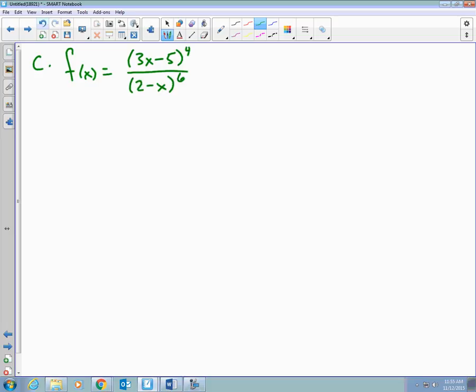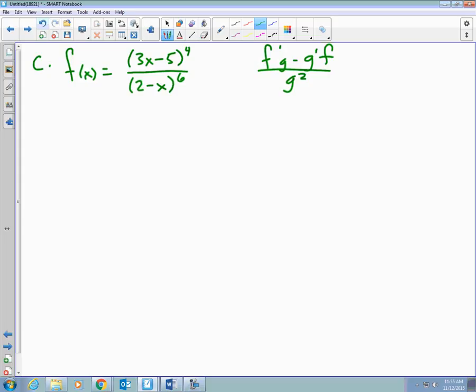Okay, outermost structure, product, chain, or quotient? Quotient. Why? Last thing you do is divide. So we'll set it up. F prime G minus G prime F all over G squared. F prime means I take the derivative of the top.